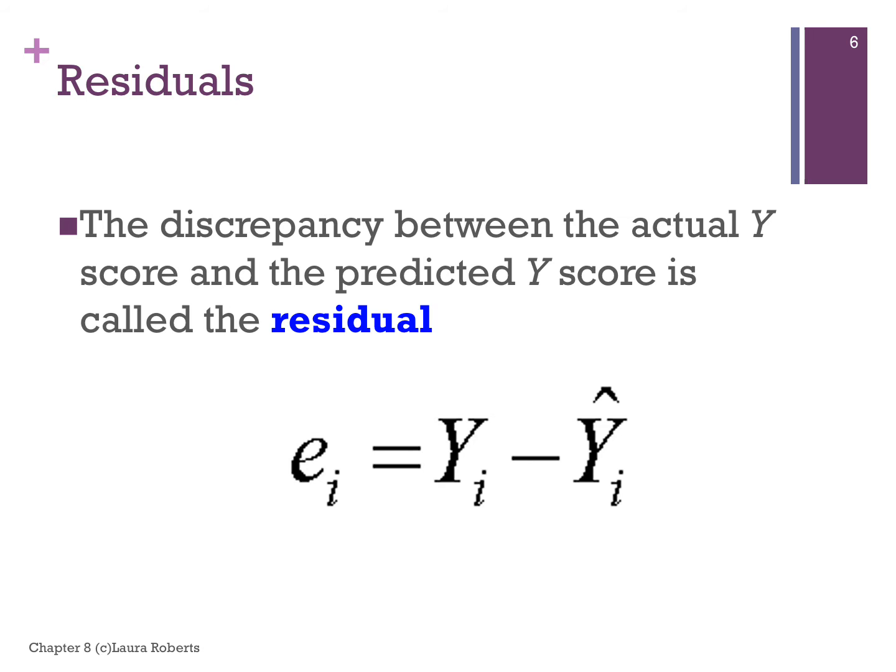In this case, the i in the equation stands for Alex, and e sub i stands for Alex's residual, which is equal to Alex's actual score of 6 minus the score we predicted for her using the regression equation. So Alex's residual is 6 minus 5 equals 1. Each person in the dataset will have their own residual.